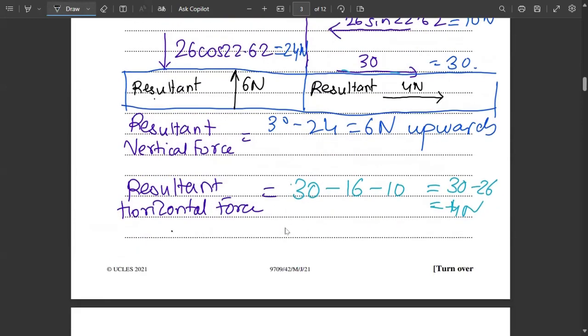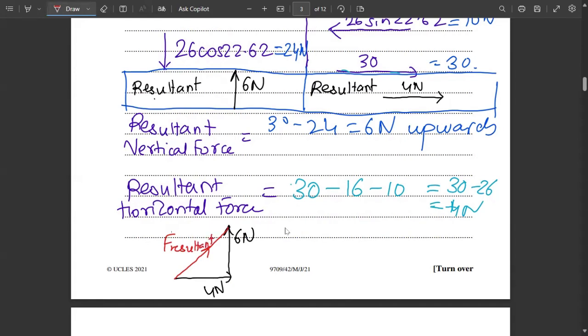Now we know that the resultant force is 6 Newton up and 4 Newton to the right. So now we can find this resultant force using Pythagoras theorem. This 6 Newton, I will shift it here. And this line will be my resultant force, which is F resultant.